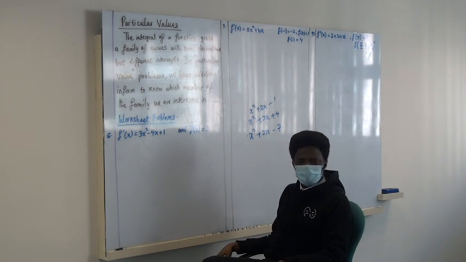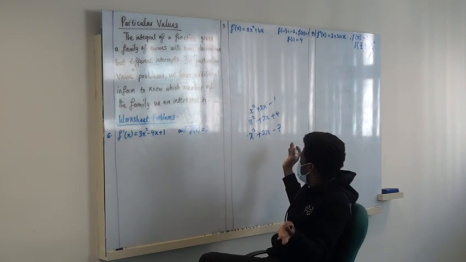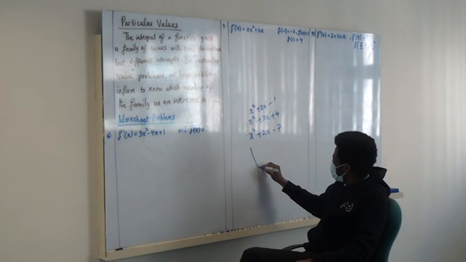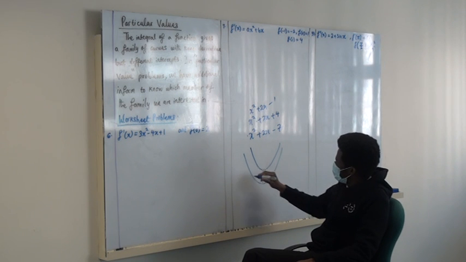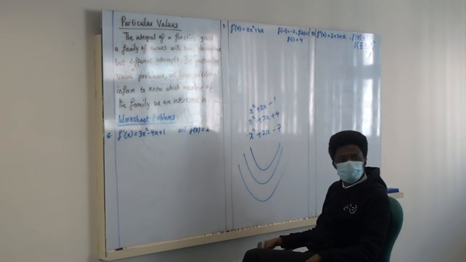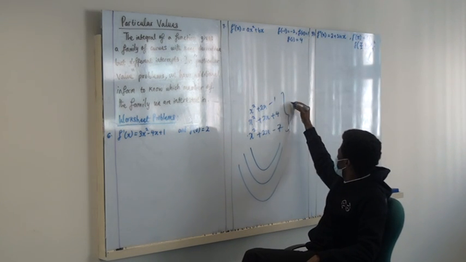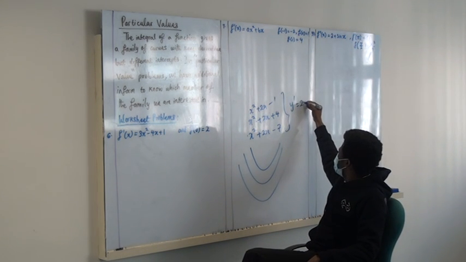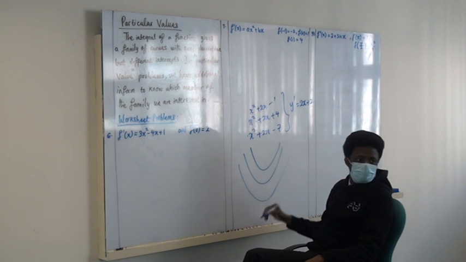Okay? For each of them, the only difference is this. They all have different intercepts on the y-axis. So their gradient function for each of them is simply 2x plus 2.